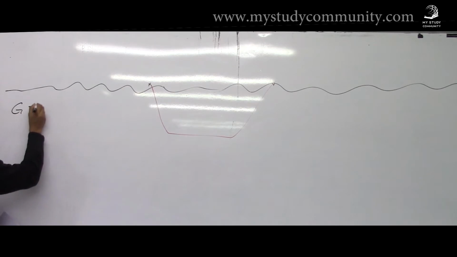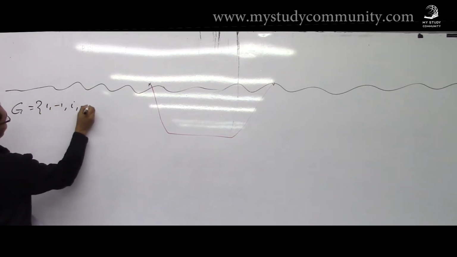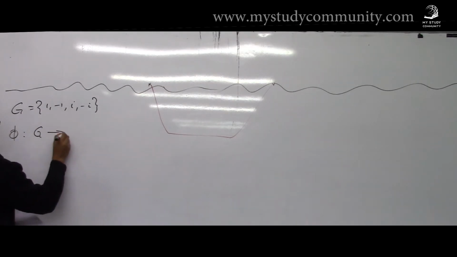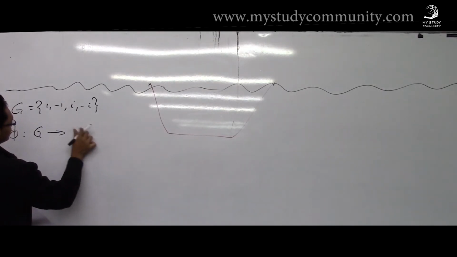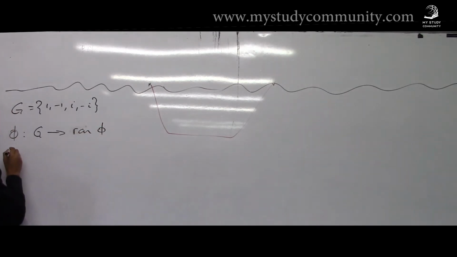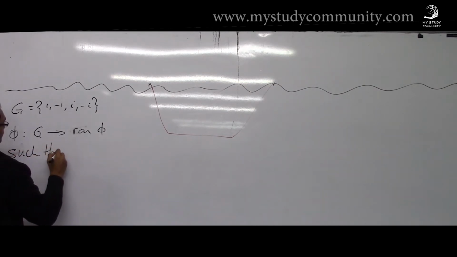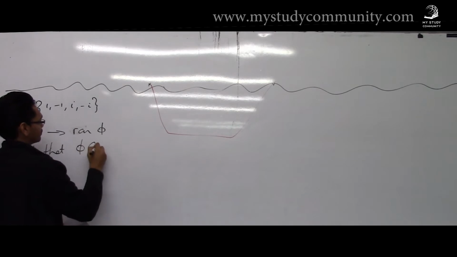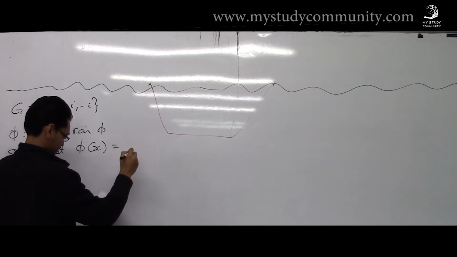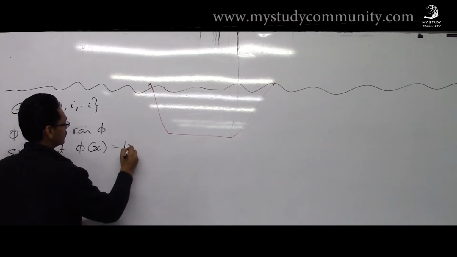So let G be {1, -1, i, -i}, and our homomorphism, say phi, is from G to the range of phi, such that phi of x is the norm of x.